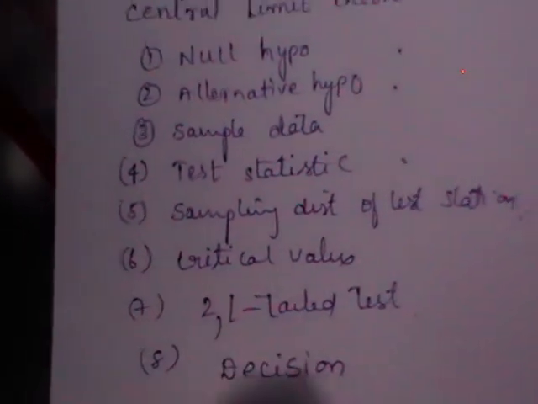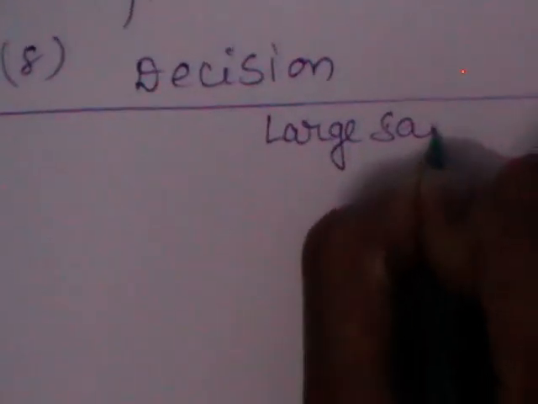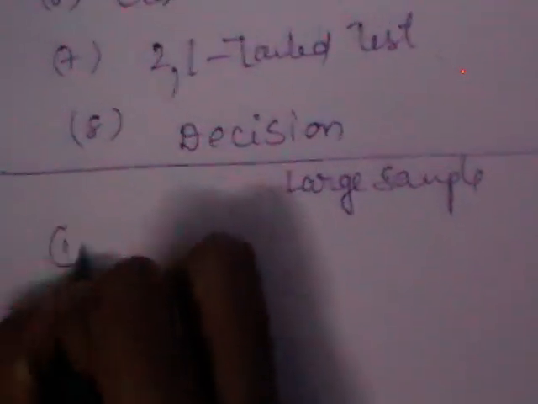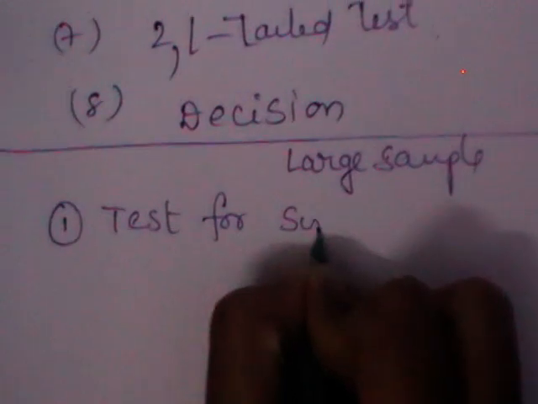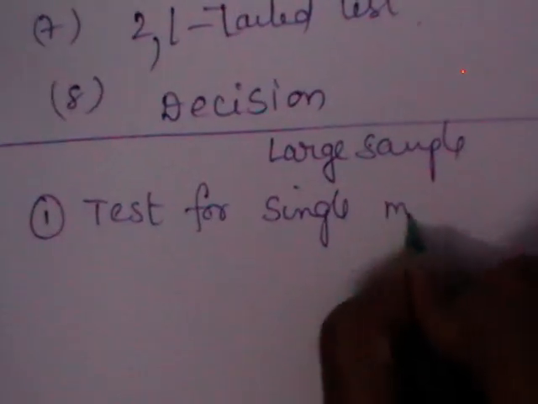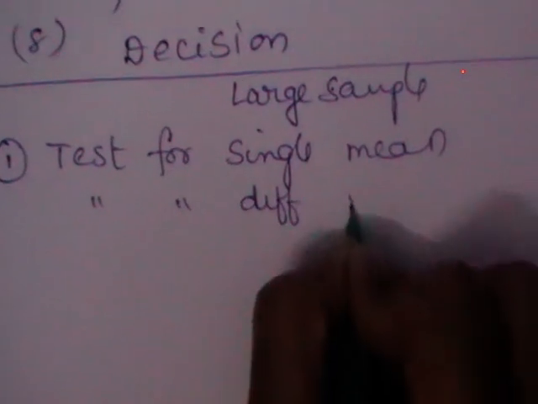Now, what is the list of tests you are going to read under large sample test? The first one is test for single mean and test for difference of means.